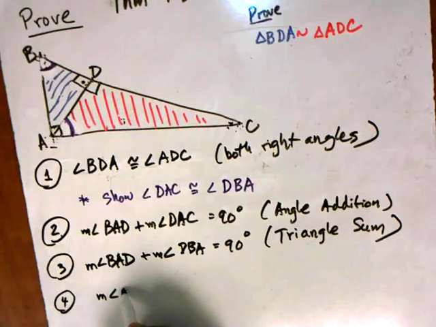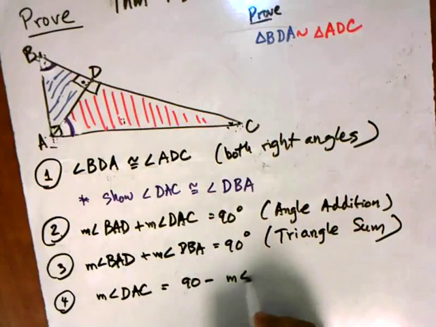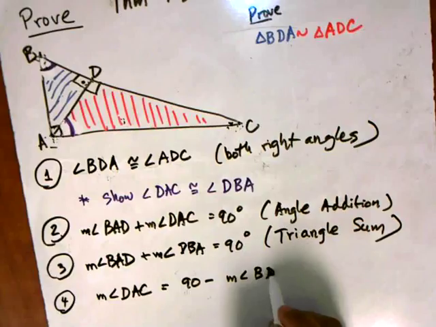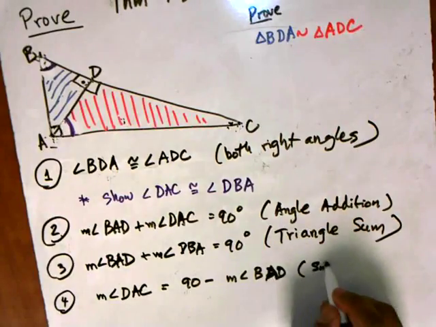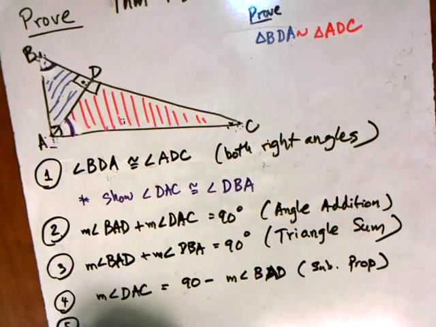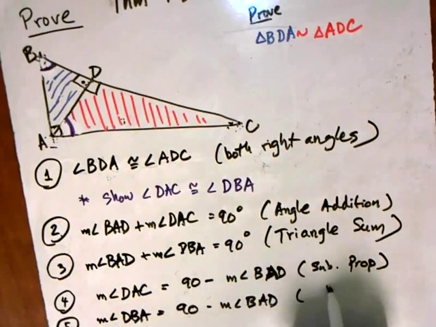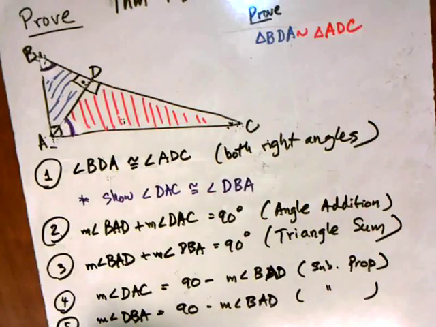So the measure of DAC is equal to 90 minus the measure of BAD. Okay, and this is the subtraction property. Then I can say in this step here that the measure of DBA is also equal to 90 minus the measure of BAD, and this is the same answer as before.